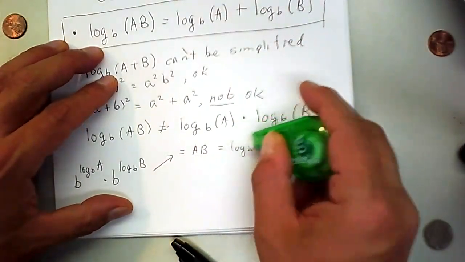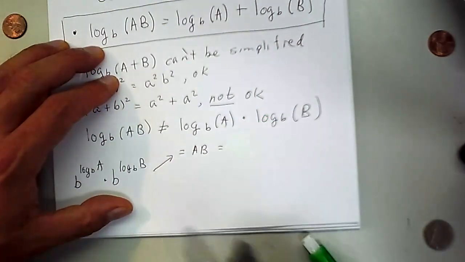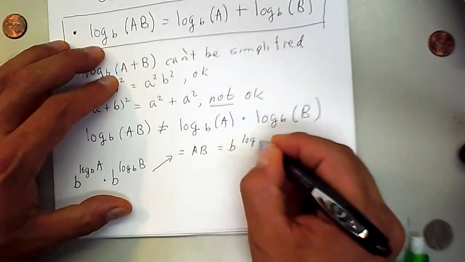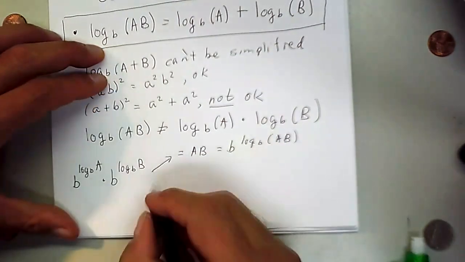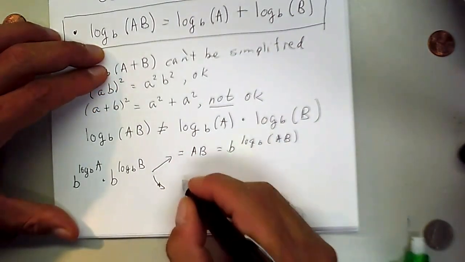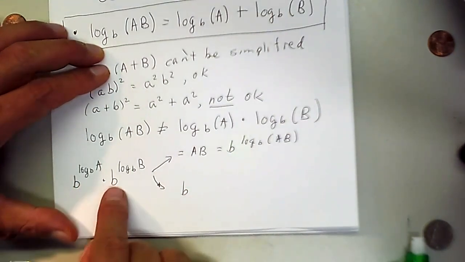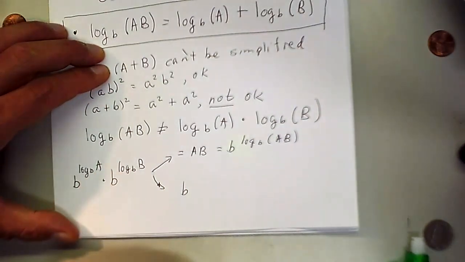So let me erase this very quickly. Okay, b to the logarithm in base b of a b. On the other hand, when you have the same base with exponents and you multiply those two quantities, what do we do with the exponents?